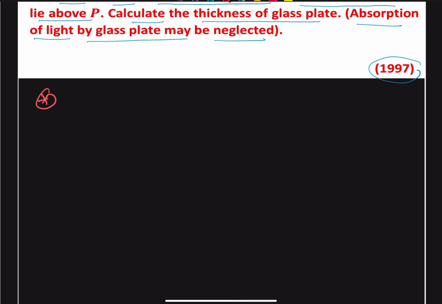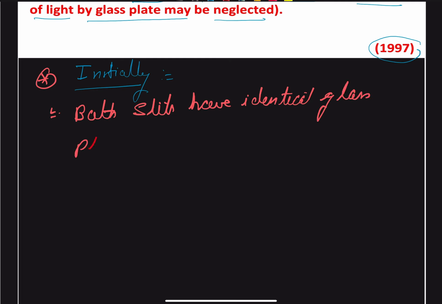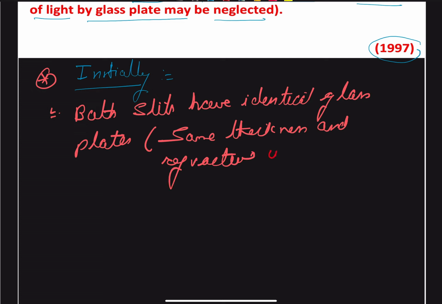So initially both slits have identical glass plates, which means same thickness and refractive index is 1.4.